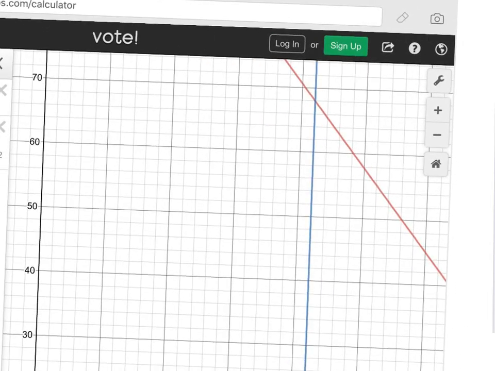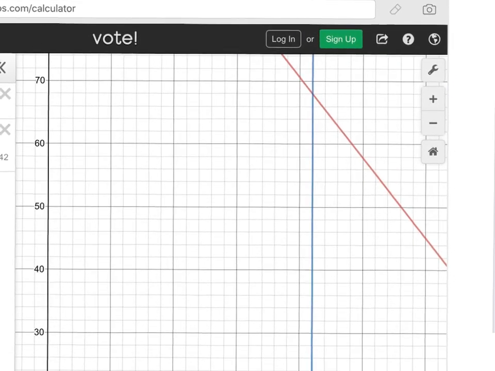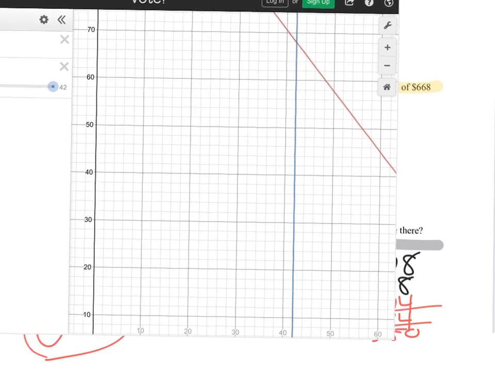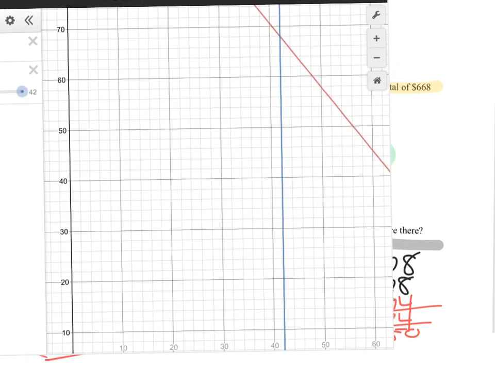Let's say I want to know how many children's tickets would be sold if the number of adult tickets was, I don't know, 56 maybe. Yeah, that's good.